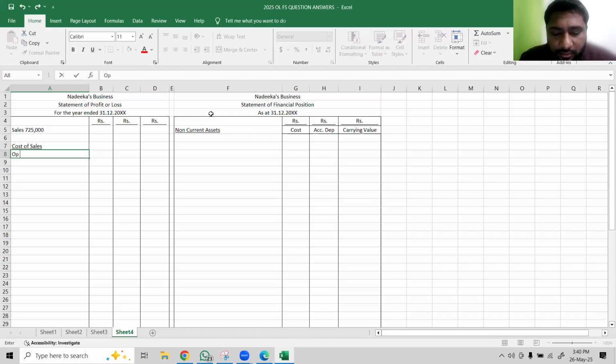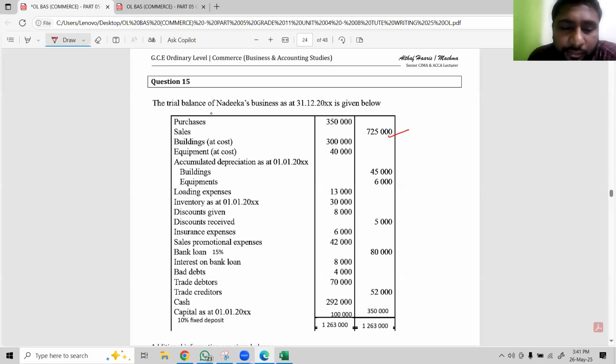Opening inventory. They have given the inventory value as at 1st January 20XX. That means this is the opening, because the last day is 31st December and the starting day is 1st January 20XX. 30,000.